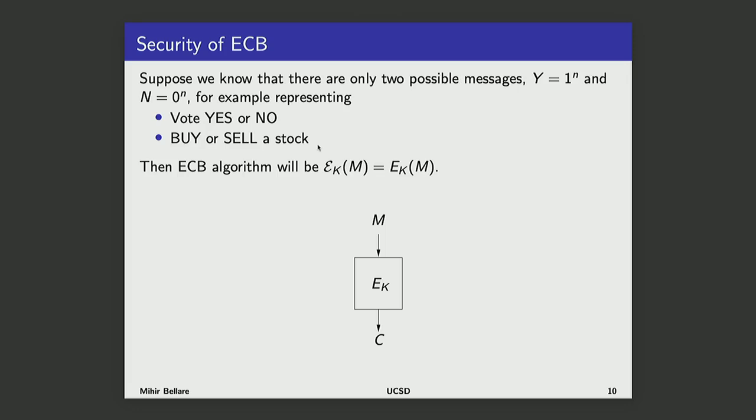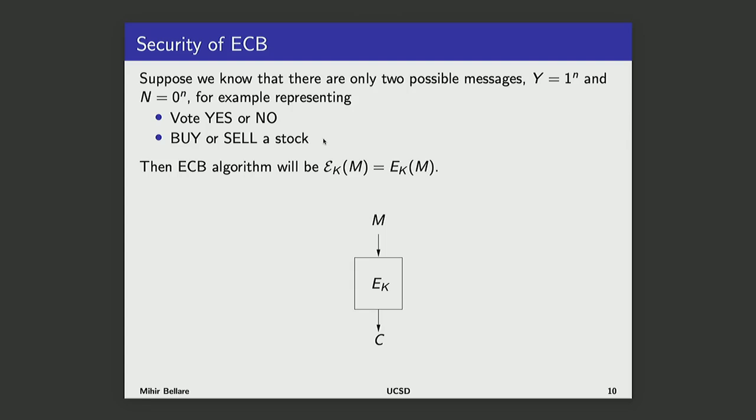So here's such an example. Suppose that you're in a situation where Alice is encrypting data and sending it to Bob, but everybody knows the context. And the context is that there are only going to be two possible messages, yes or no. So the simplest example is a vote. Alice is casting votes on something, and she's voting yes or no, but the votes are encrypted for privacy. Maybe it's a simple command of the form buy or sell some stock.